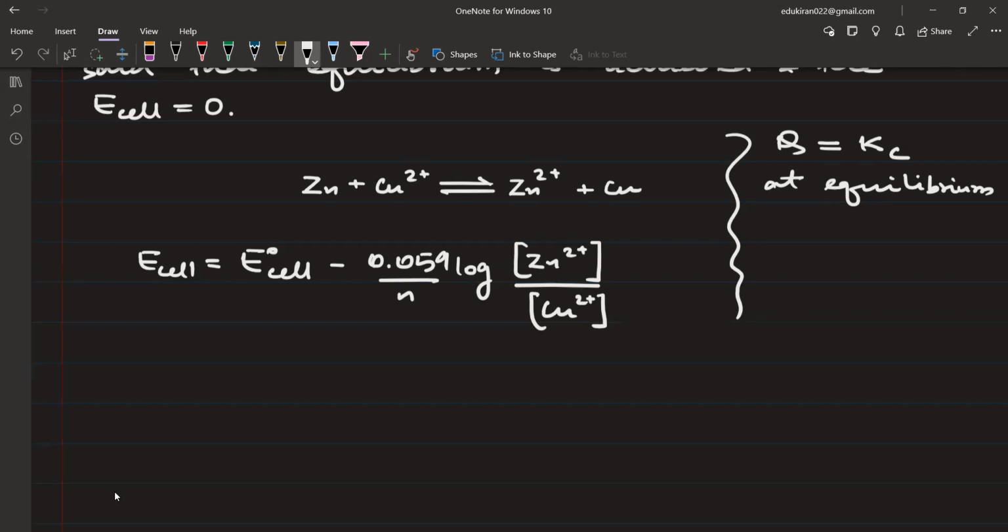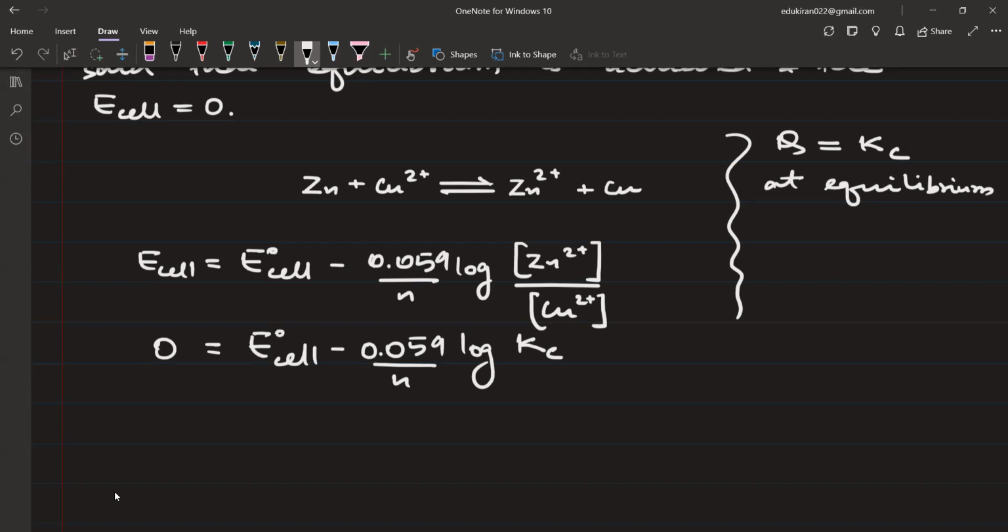So what is going to happen next? E cell is equal to 0 because of equilibrium, so 0 is equal to E naught of cell minus 0.059 upon n log of the equilibrium constant. The equilibrium constant is the concentration of zinc upon copper at equilibrium, product upon reactant. Now we will write further.